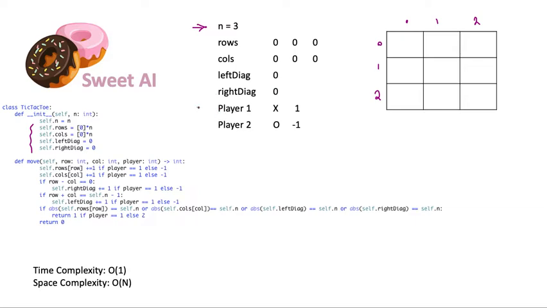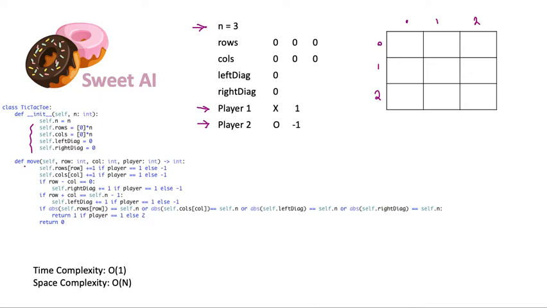And for solving this problem, we are going to have 2 players. One player is going to put the marker X, and the other player is going to put the marker O. Instead of X and O, which are strings and very hard to work with, we are going to consider 1 for X, the player 1, and minus 1 for player 2.